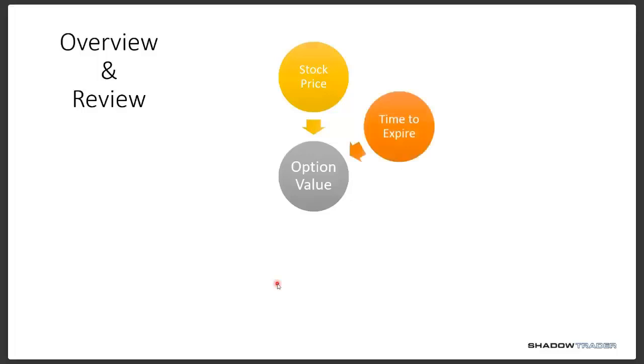Then we put into a factor of how long does this option have until it dies. The next piece is how likely is this going to move from that 100 price to, let's say, 110, 120, 90, 85, or 80. That's volatility.